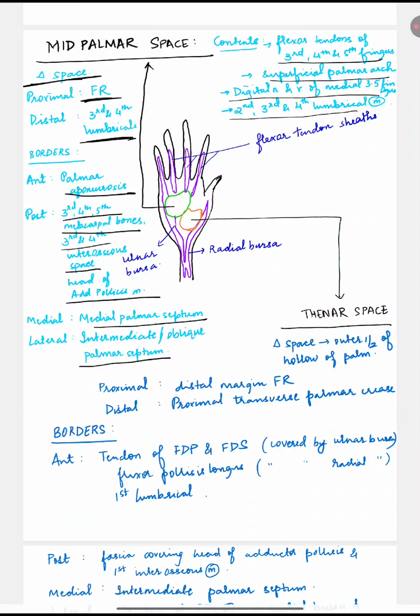Now next is the thenar space. The thenar space is a triangular space, the outer 1/3 of the hollow of the palm. Proximally it is connected to the distal margin of the flexor retinaculum, and distally to the proximal transverse palmar crease.